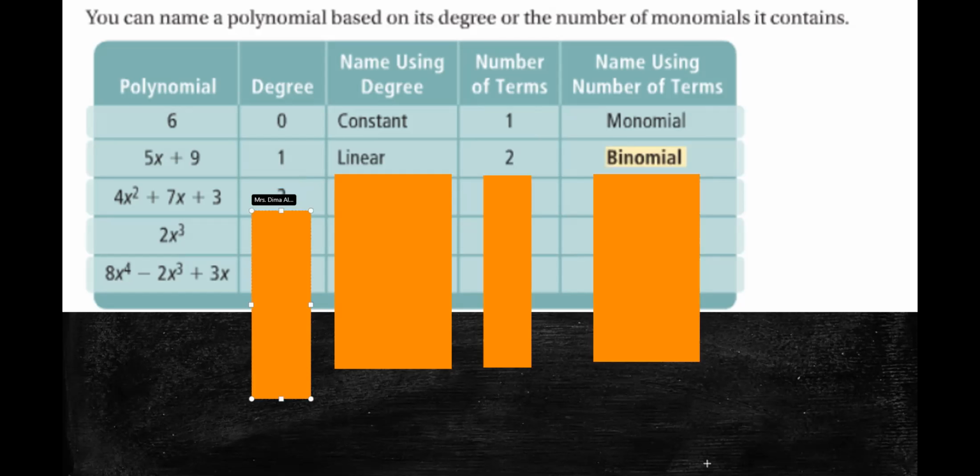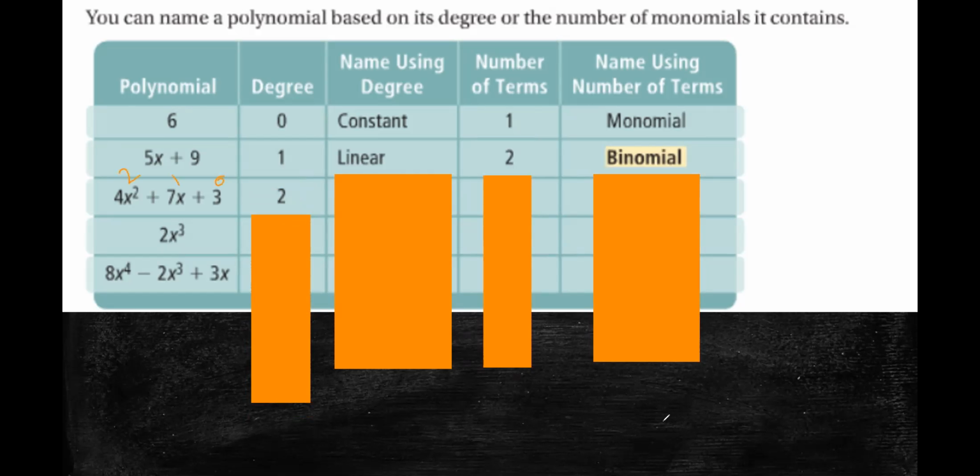Look at the third one now. Here we have 4x squared plus 7x plus 3. Look at the highest degree of the monomials. What is the highest degree? Here you have 0, here you have 1, and here you have 2.